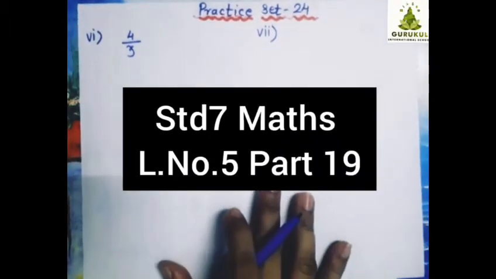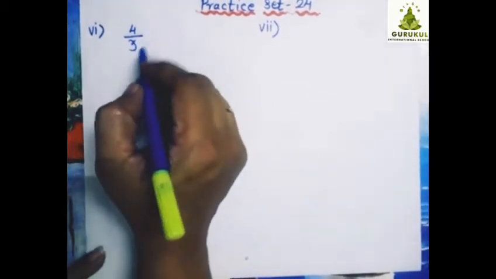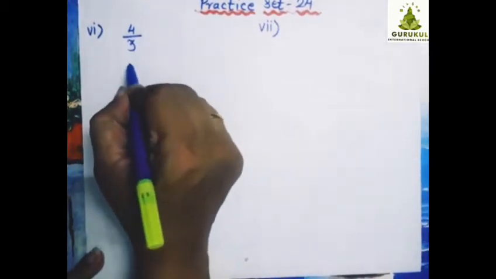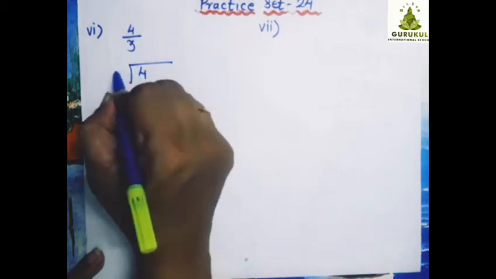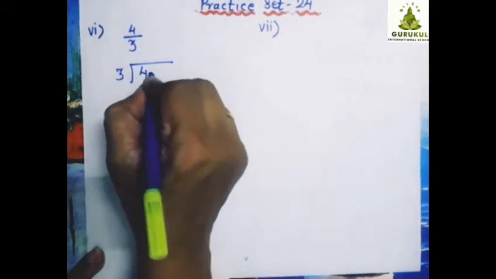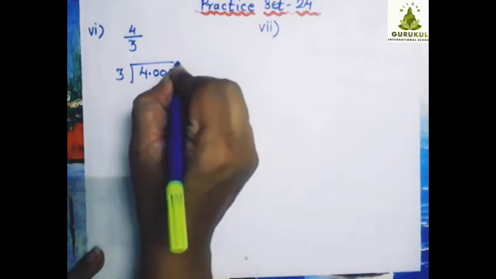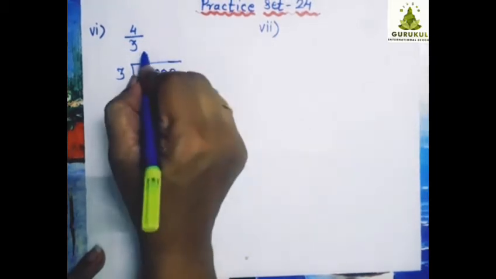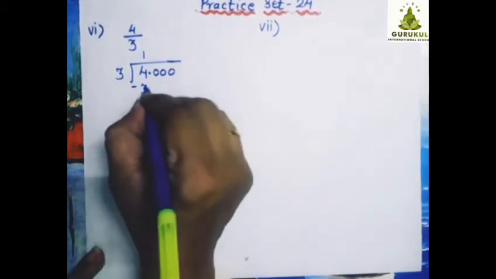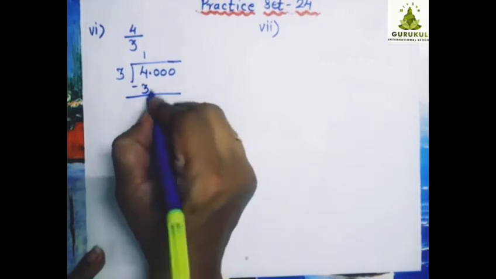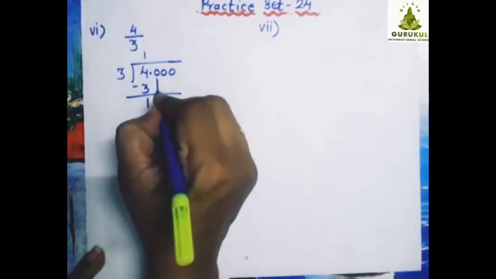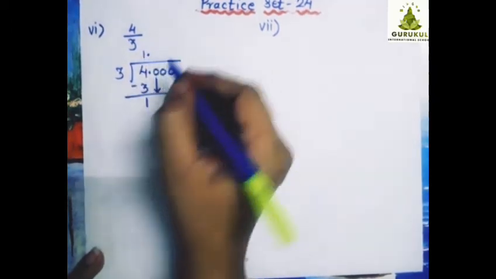Now let's continue with the sixth sum of practice set 24, 4 upon 3. First thing, put the decimal point, write the zeros in front of 4 and then start. 3 ones are 3, 4 minus 3 is 1. You have to take 0 down, so you have to put the decimal point over here.